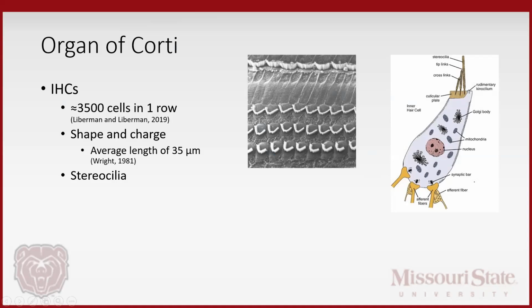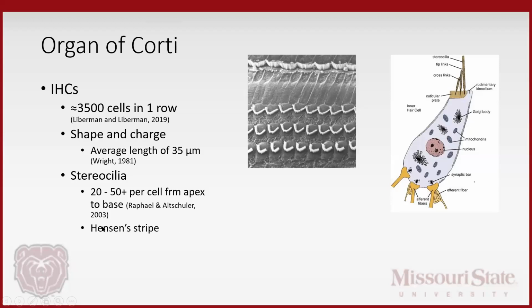Their stereocilia are also arranged in more of a U-shaped organization. And there are also changes in the number of stereocilia for each cell. At the apex, each hair cell has about 20 stereocilia, but as we go more toward the base, the number of stereocilia increases to a little over 50.